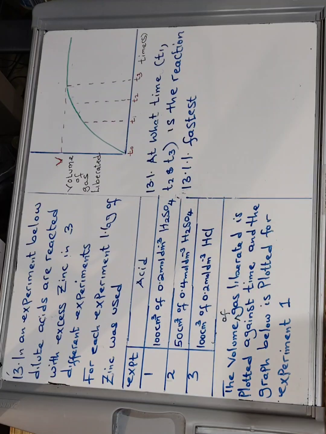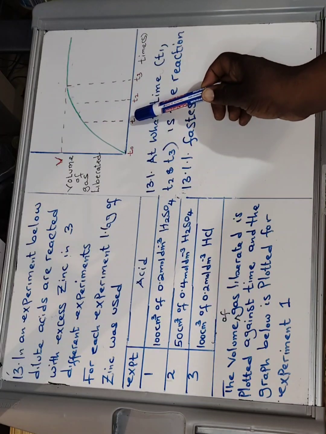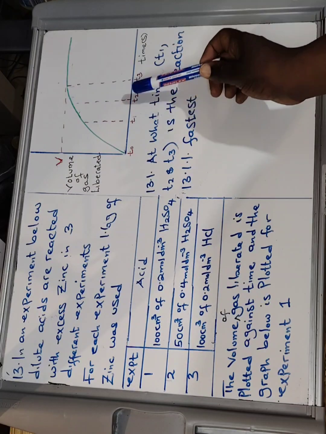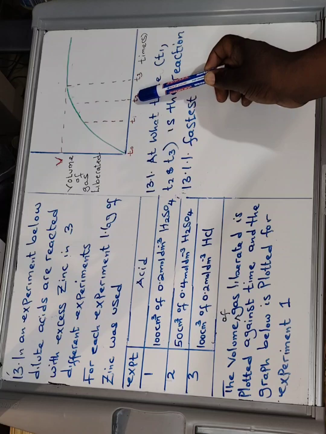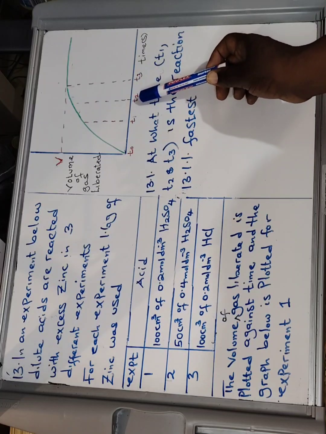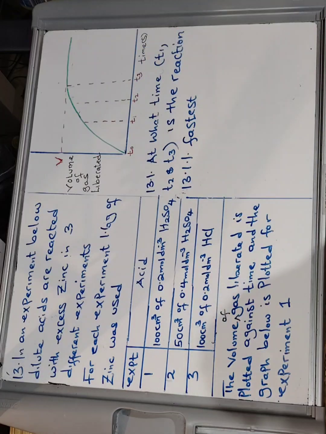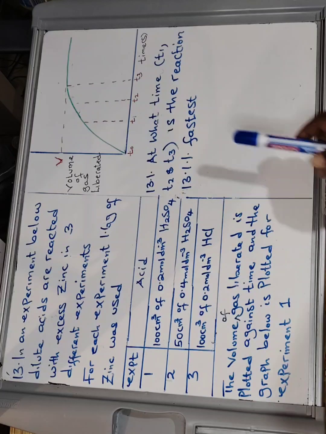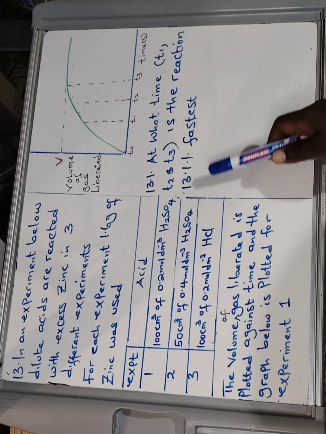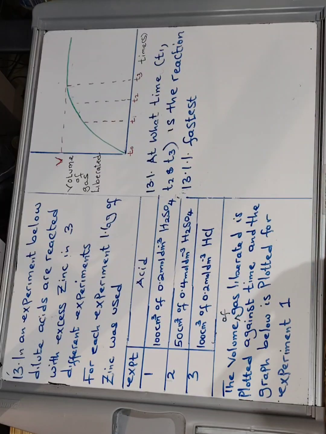So the rate of reaction at T1 is higher than that at T2, and the rate of reaction at T2 is higher than the rate of reaction at T3. So on answering this question, what's the answer? Because the question says, at what time is the reaction fastest? The answer is T1.